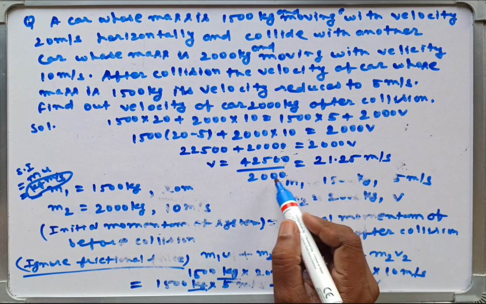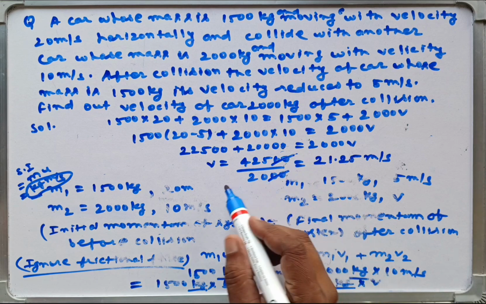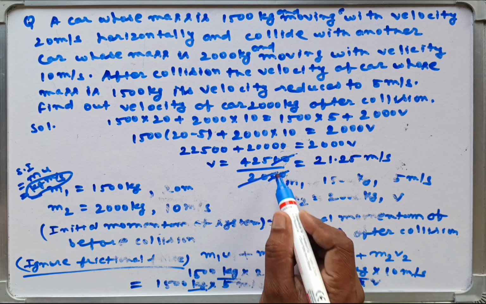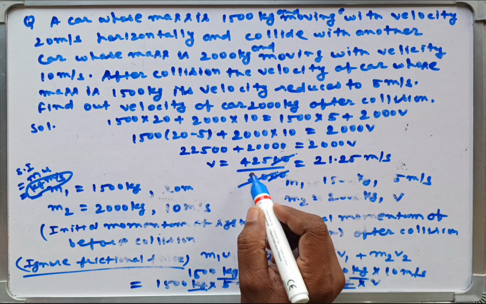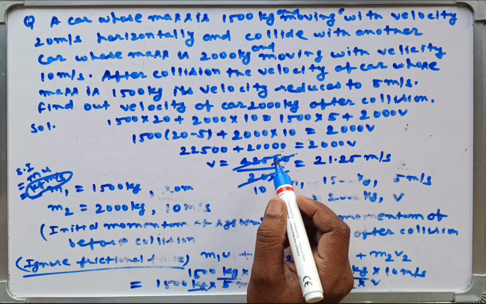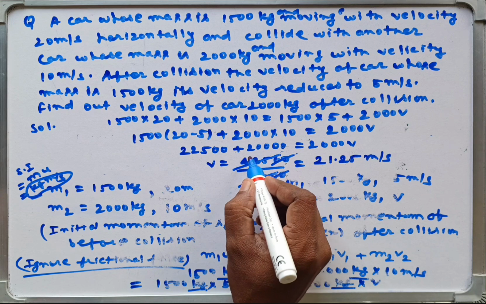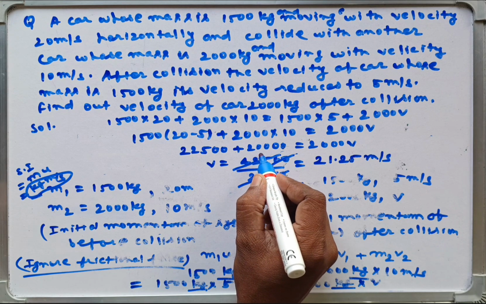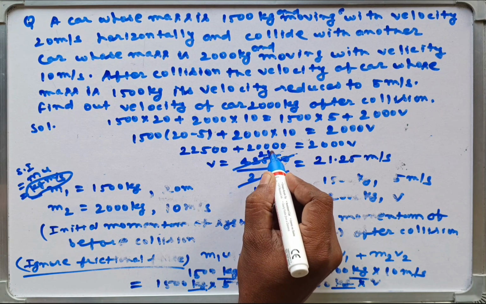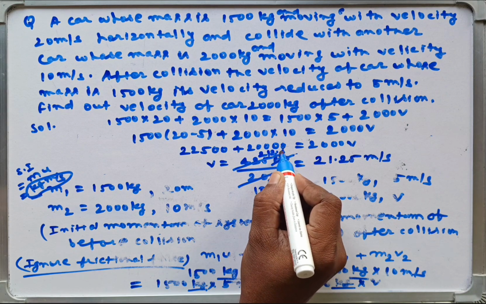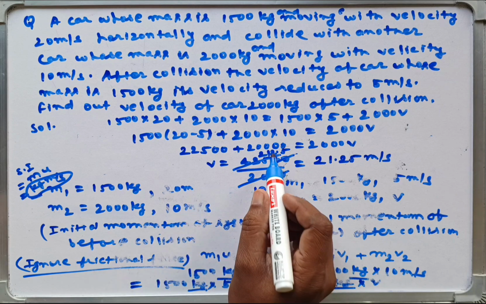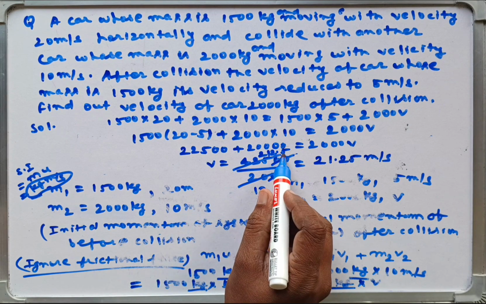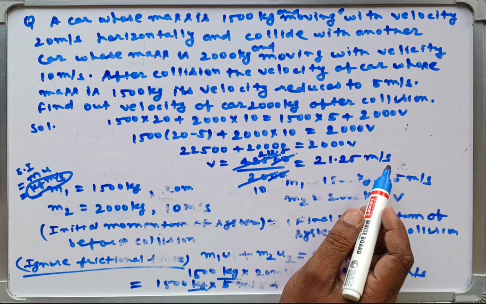How? The 20 and 20 cancel out, then it will be 10. Then this one becomes 2125 divided by 2, which is 2.5 and so on. If you divide again, this will come.